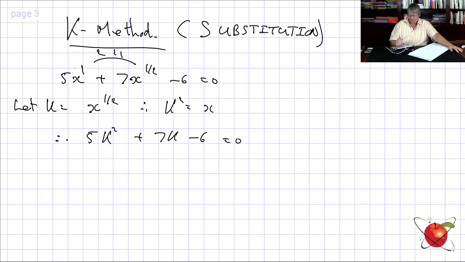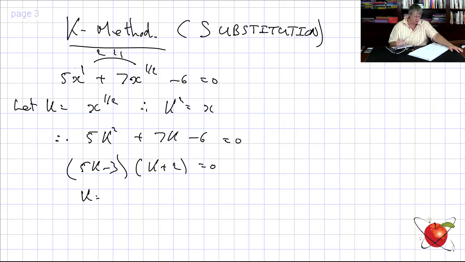I'm just changing it into a normal trinomial, quadratic, that I'm used to. Then I solve, and I say, okay, you are 5k minus 3, and you are k plus 2 equals 0, which gives me k equals 3 over 5, and k equals minus 2.